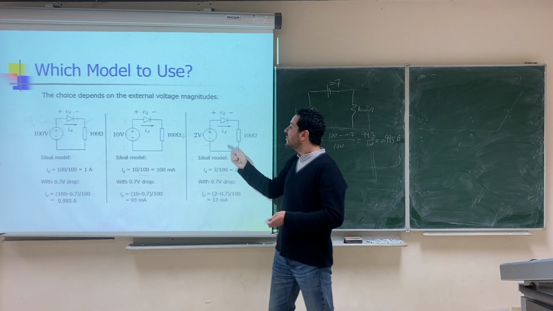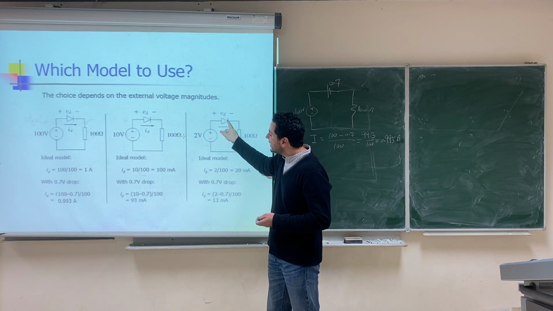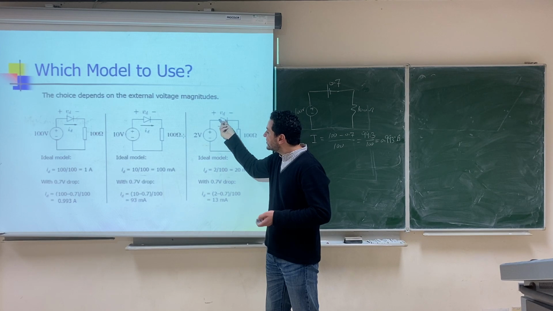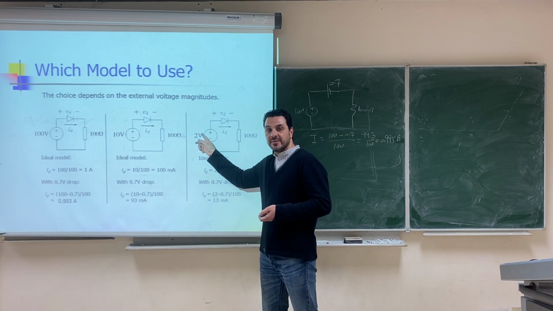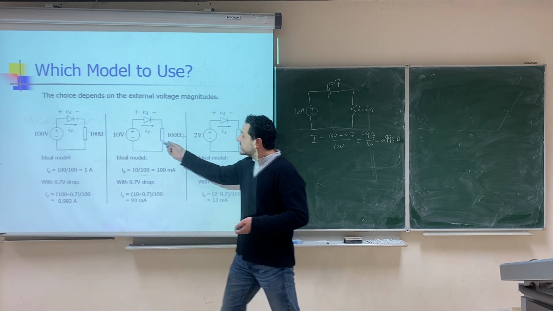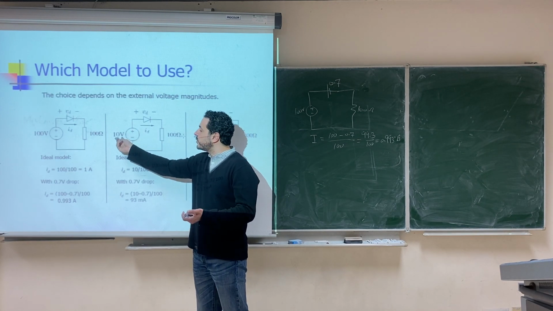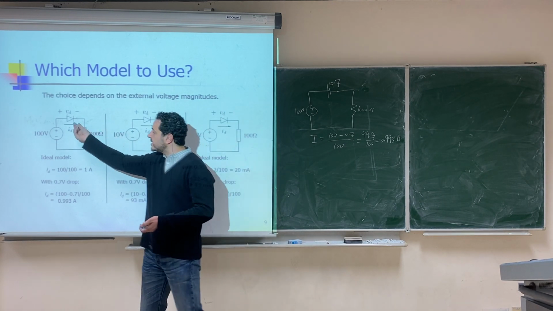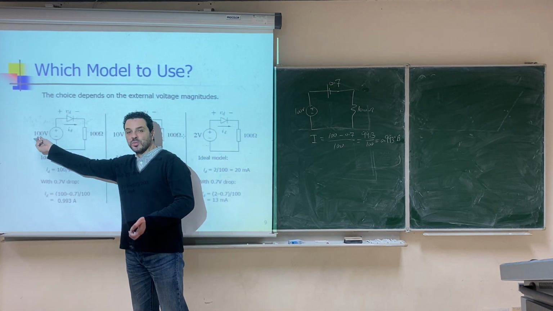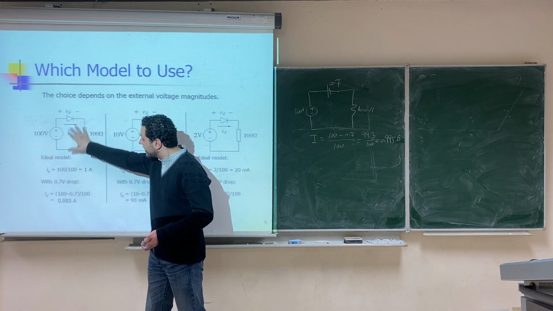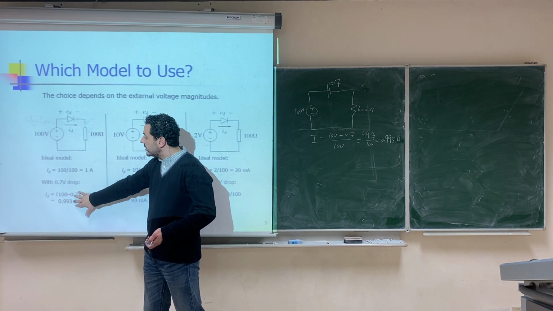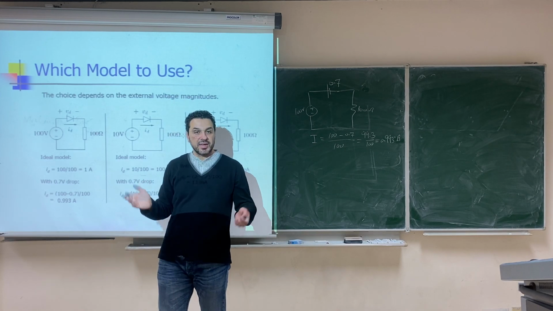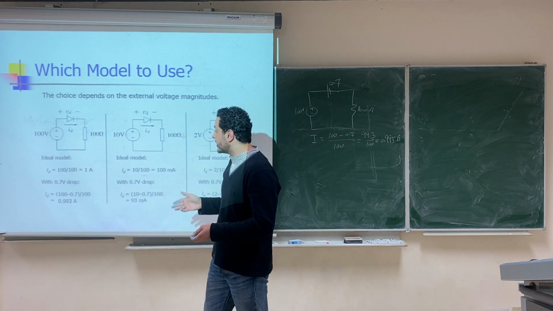Why is that? Because the 0.7 volt of the diode represents a big value with respect to the 2 volt here, and kind of a big value with respect to the 10 volt here. But here, the 0.7 of the diode is very small compared to the 100. So here, it doesn't matter which model you use. The 0.7 of the diode, you can ignore it. You can use the ideal diode model.